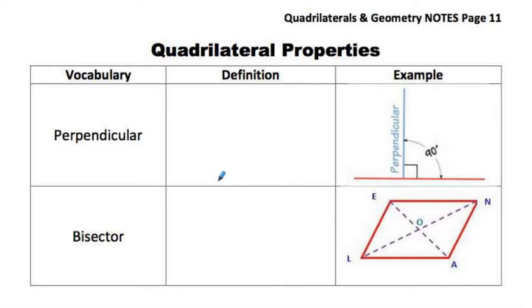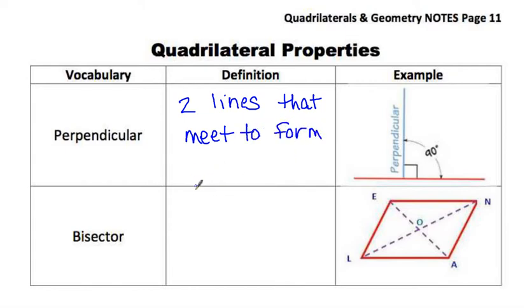And perpendicular means that we have two lines that meet to form right angles. And those are 90-degree angles.